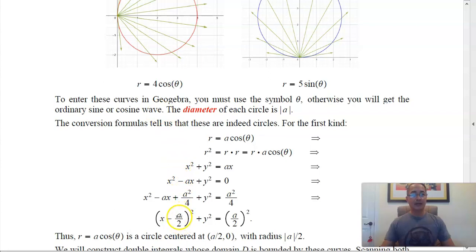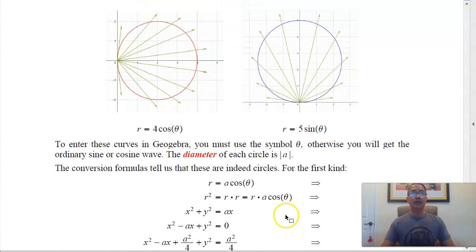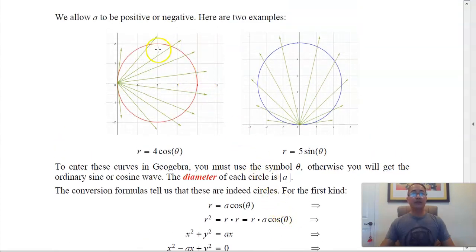So the center is at a over 2, 0. The radius is not quite a over 2. It's the absolute value of a over 2, and that's because we allow a to be positive or negative. As you can imagine, if we had negative 4 cosine theta, the circle will be on the left.